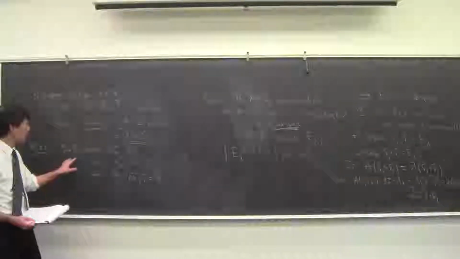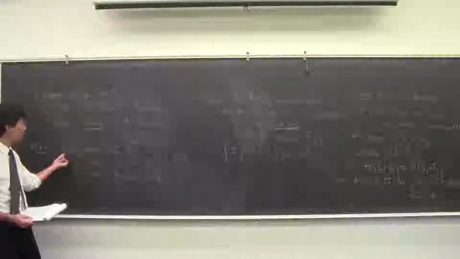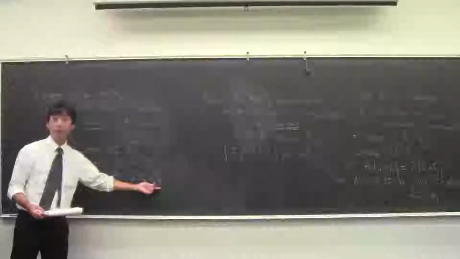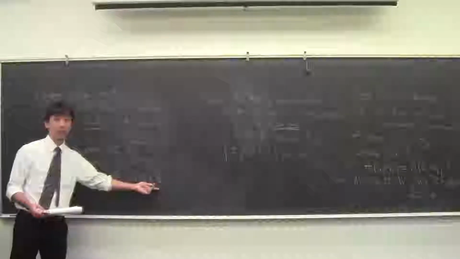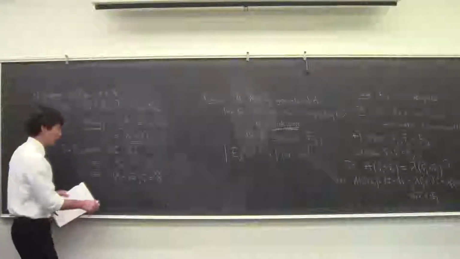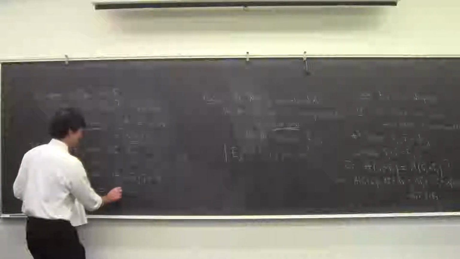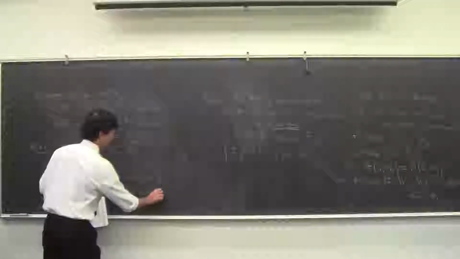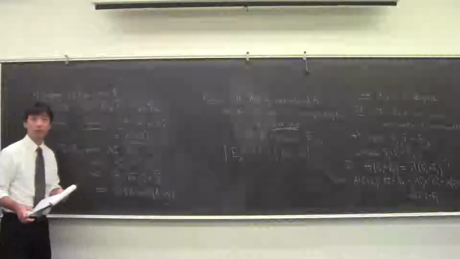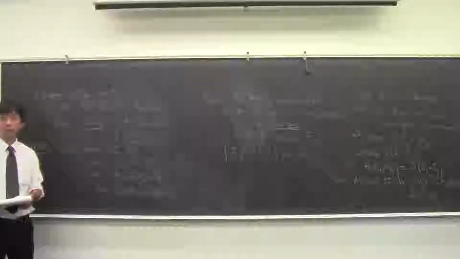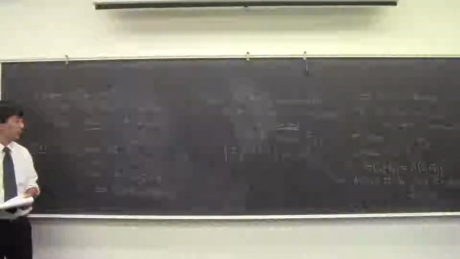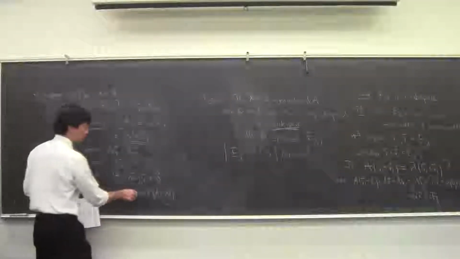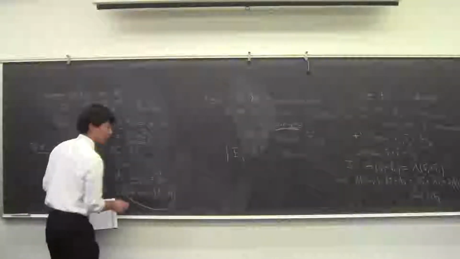Okay, so what does that say? That v is in this space if and only if this thing times v is 0, right? Well, that means that v is in the null space of A minus lambda I. Okay, so what is E sub lambda? Well, it's the null space of A minus lambda I, right?